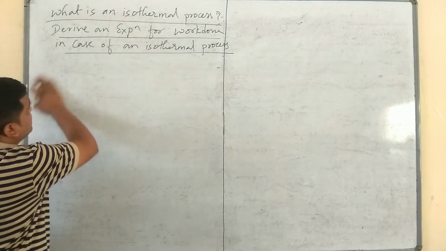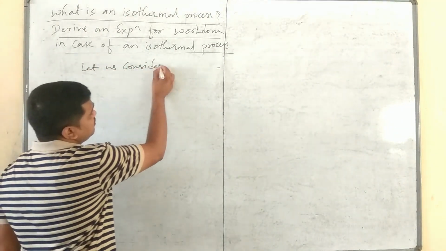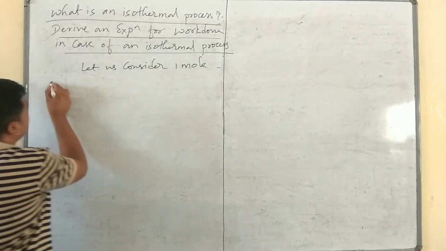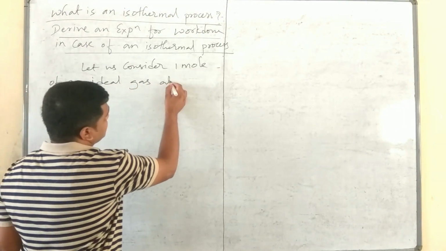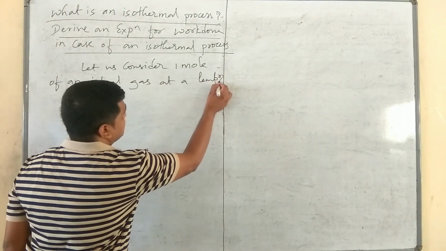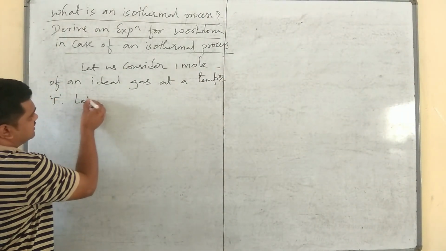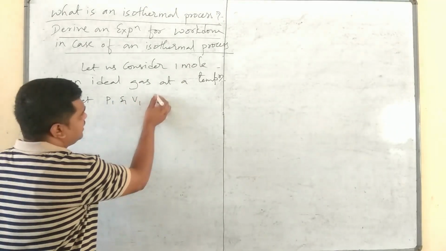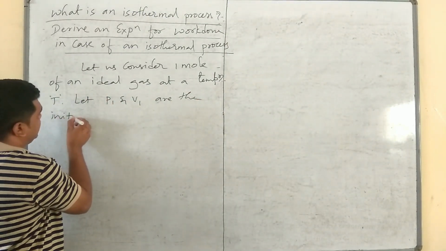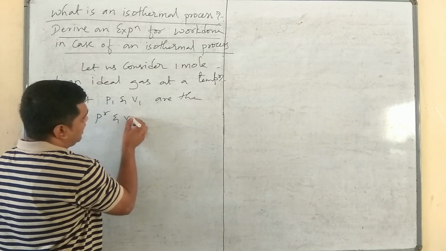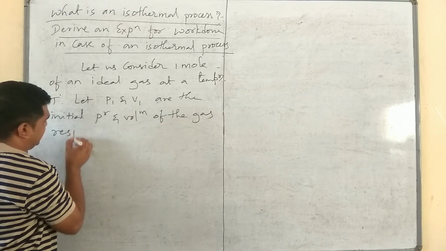Now, let us consider one mole of an ideal gas at a temperature T. Let P1 and V1 be the initial pressure and volume of the gas respectively.